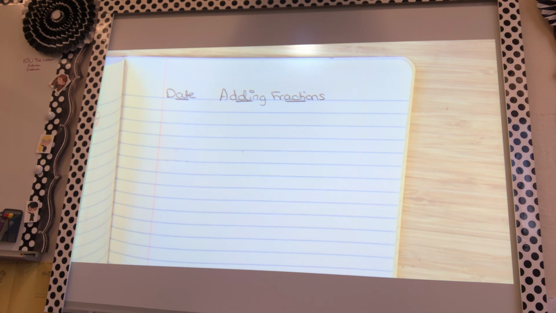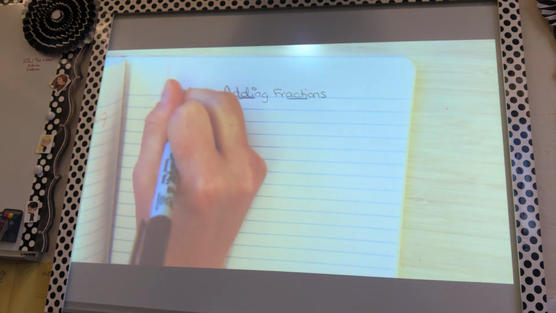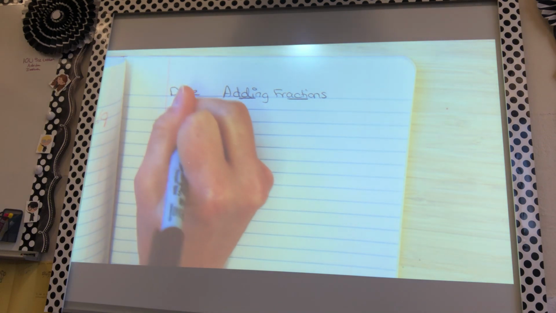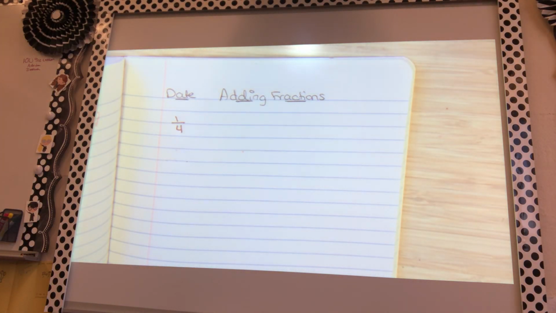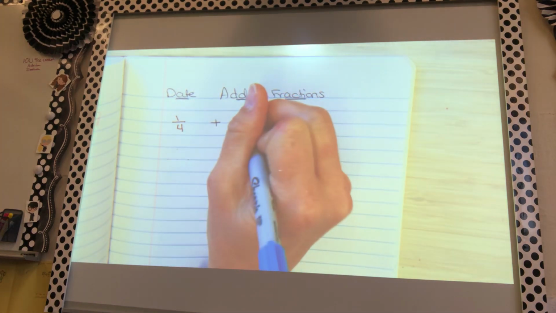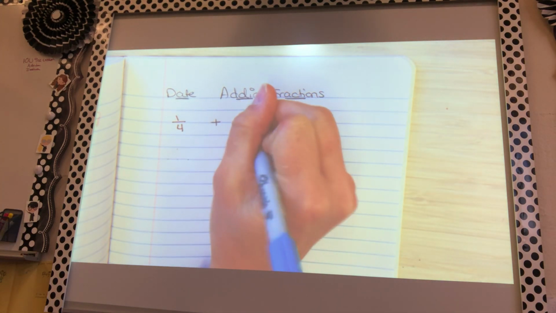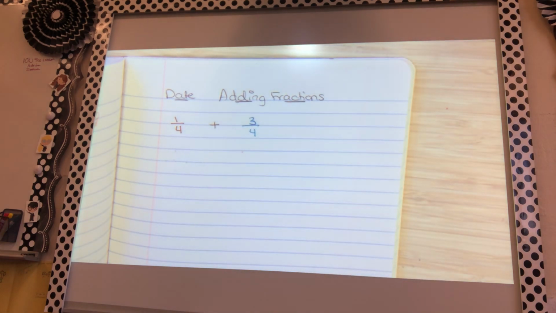So, a little misconception alert is that when you add fractions, you should just add your top number and your bottom number. This is something I frequently hear students have been taught, but we need to understand why we're doing that.